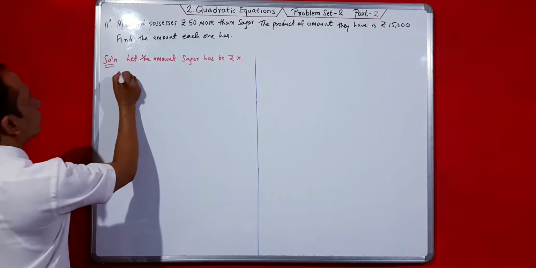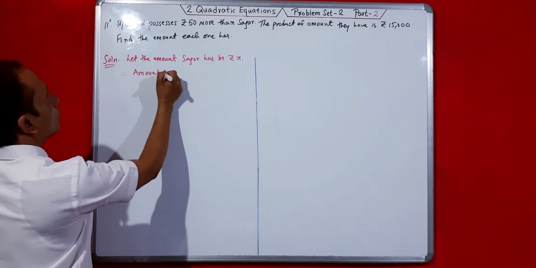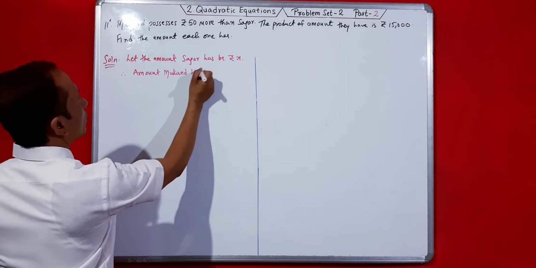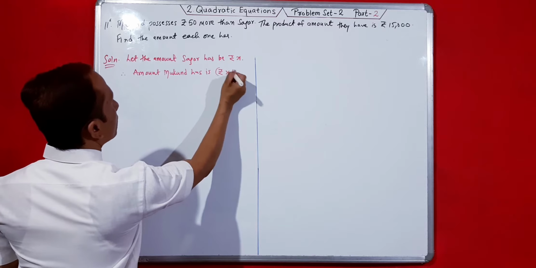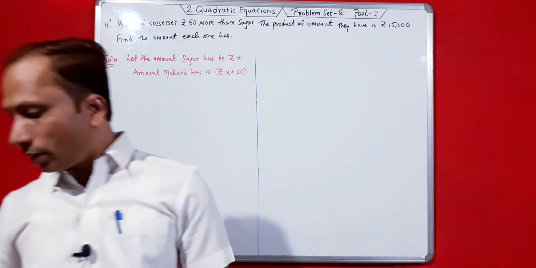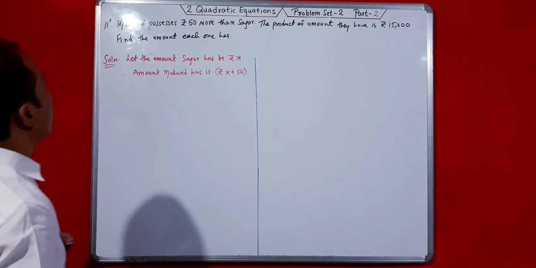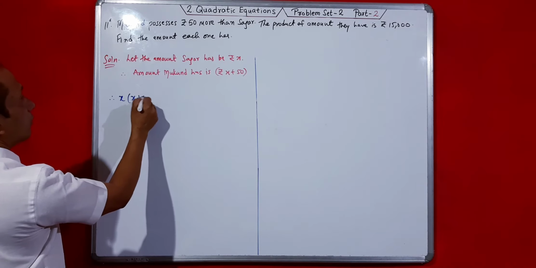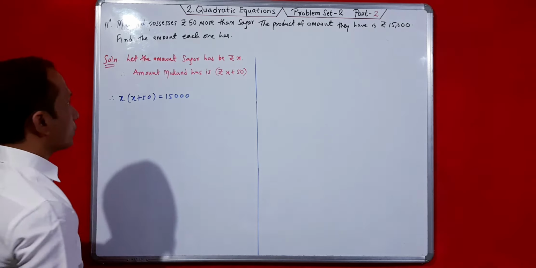Therefore the amount Mukund has is rupees x plus 50, because he has 50 rupees more compared to Sagar. Therefore the product of their amounts is x into (x plus 50) equal to 15,000.